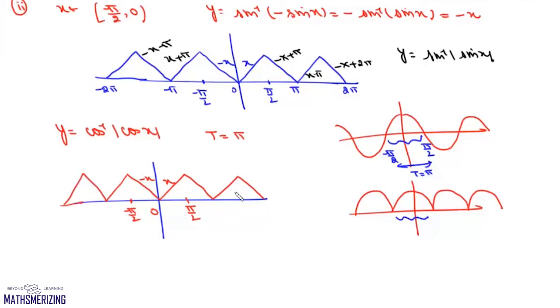And this is the graph of y equals cos inverse of mod cos x. So as you can see, graph of sin inverse of mod sin x is same as graph of cos inverse of mod cos x, and their definitions are also same. So this is how we draw the graph of sin inverse of mod sin x and cos inverse of mod cos x. Now let us take some problems.